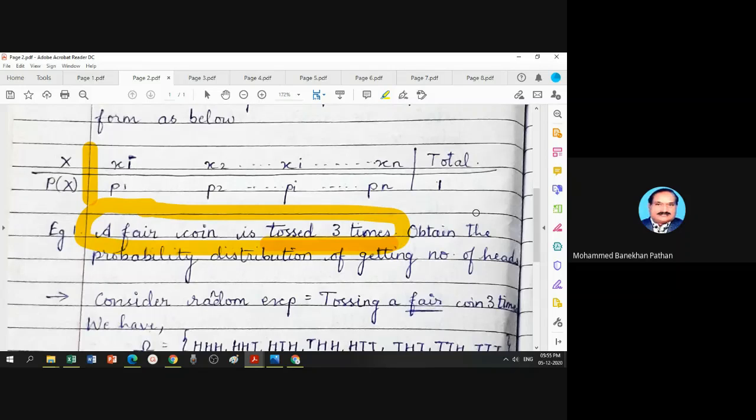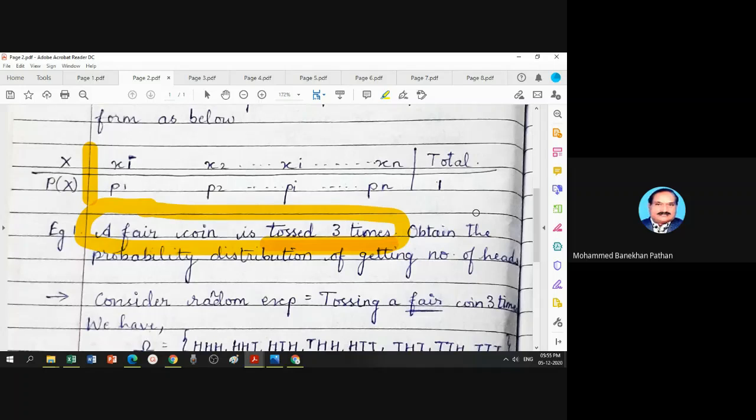Random variable is nothing but a function, and a function is nothing but a relation, nothing but a correspondence. Many times students have the misconception that a function is always in equation form.